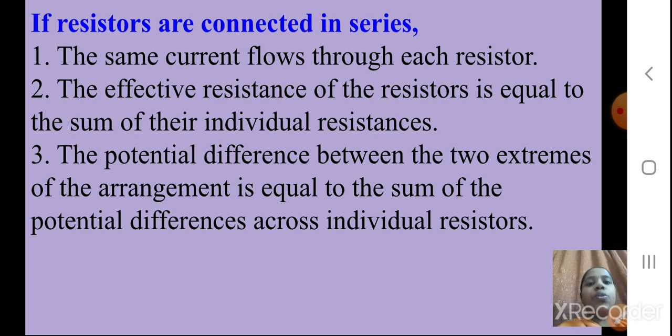Individually we took V1 for R1, V2 for R2 and V3 for R3, and then we added them up. Points C and D were the two extreme points, and that voltage V is equal to the sum of the potential differences across individual resistors.